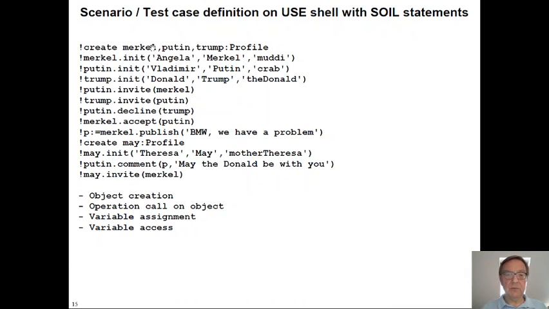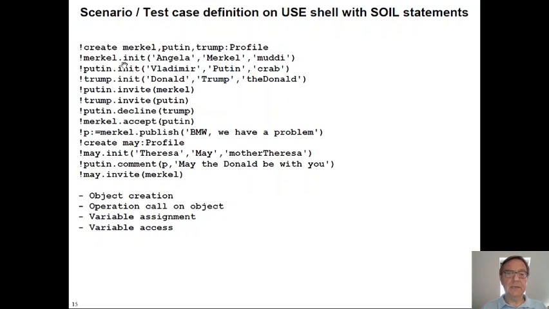We are creating here first three profile objects, Merkel, Putin, Trump, and we have a fourth object here, the May object, and then we are doing the initialization of the profile objects. That's the call of the init operation.